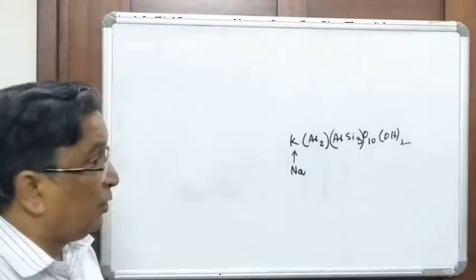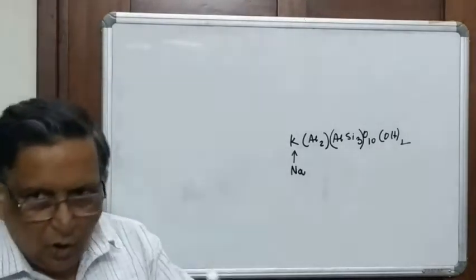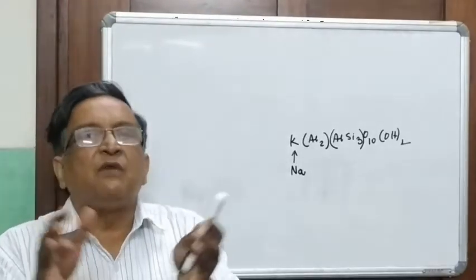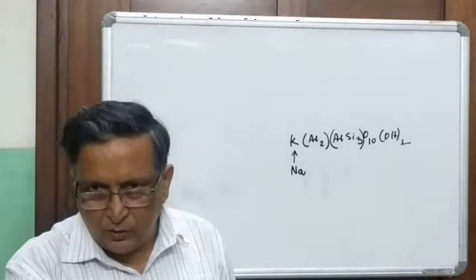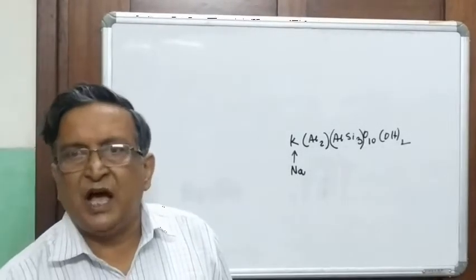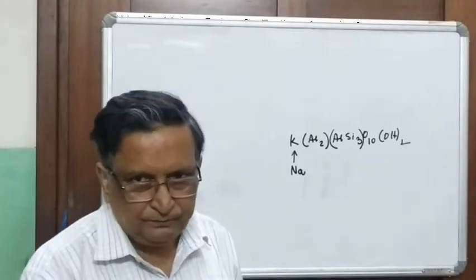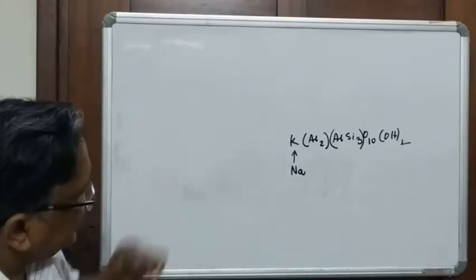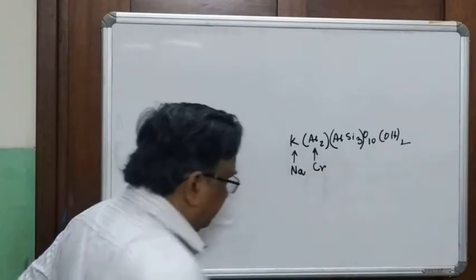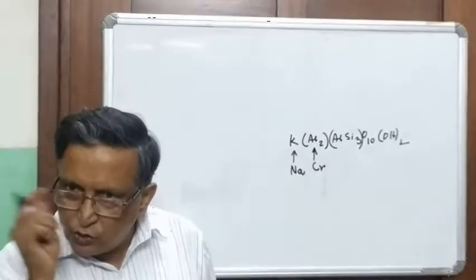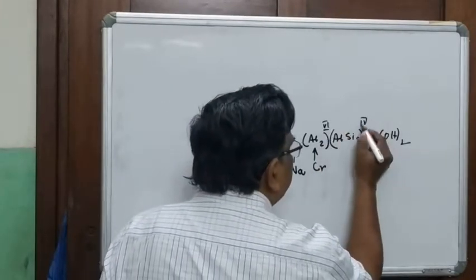Before you start finding out the composition of a system, you have to know whether you have got the compositions of the minerals precisely written down in the question. That is very, very crucial. So sodium is an addition; then assume chromium is another element that goes with aluminium in the octahedral site. This is the octahedral site, this is the tetrahedral site.